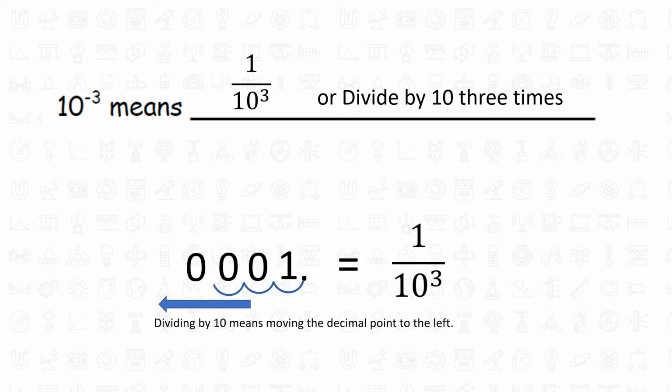Now, the decimal's not showing up, but it should be 0.001 because we never want to have a decimal point without a 0 in the front to tell us that. Okay, so 0.001 is equal to 1 over 10 to the third. So in other words, 1 over 1,000. So divide 1 by 1,000. So that's what we just did.